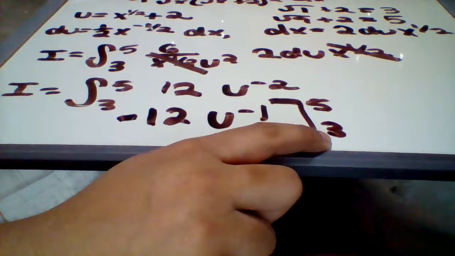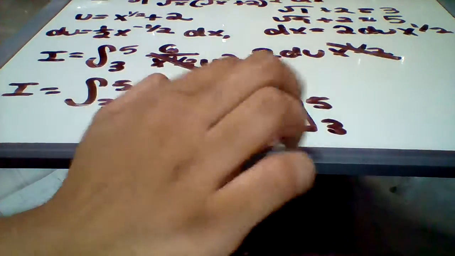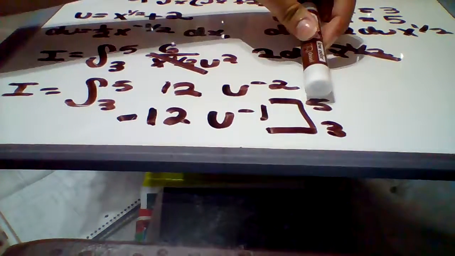Because I've run out of room, I'm going to have to erase a bit to do the problem. But basically, you plug in 3 and you plug in 5, but you do B minus A. So capital F of B minus capital F of A. So I would plug 5 into the antiderivative, and then I would subtract that after plugging 3 into the antiderivative.